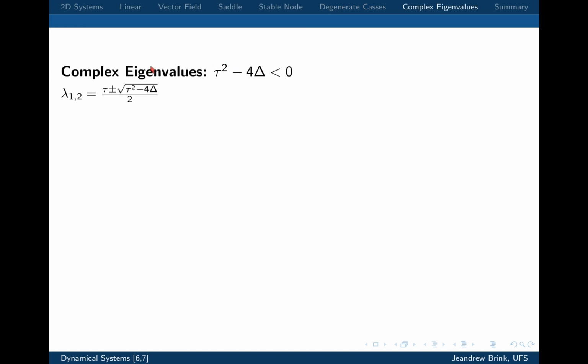So just a reminder, your eigenvalue in 2 dimensions is given by this expression where you have your trace, but under the square root you have the trace squared minus 4 delta. When your trace squared minus 4 delta is less than 0, you can easily construct a matrix that does that.